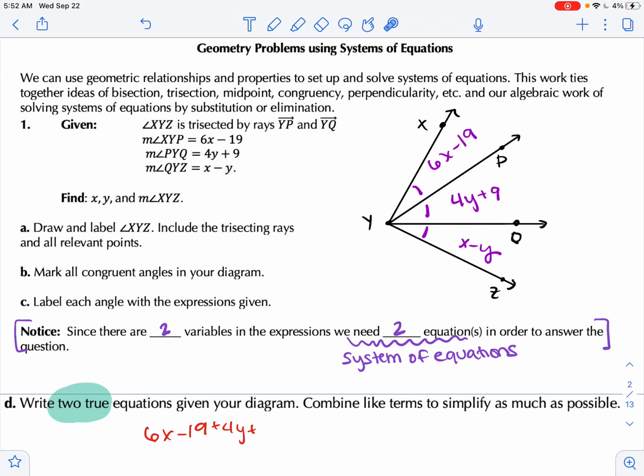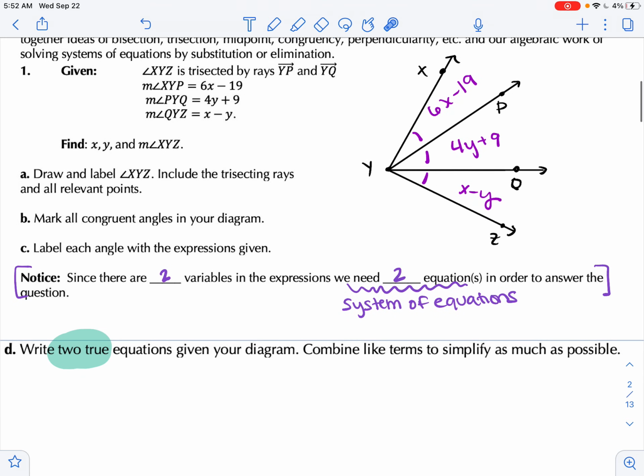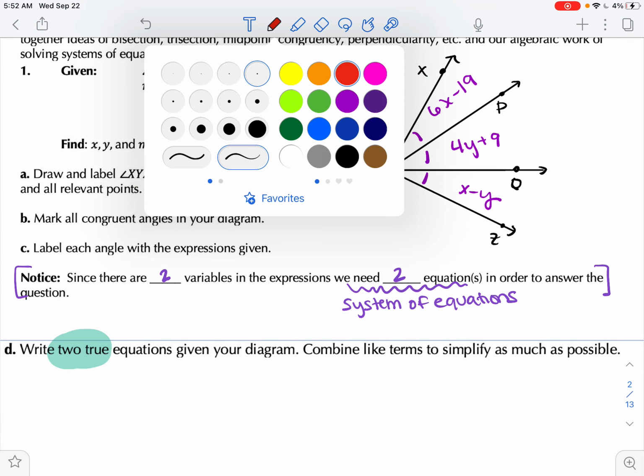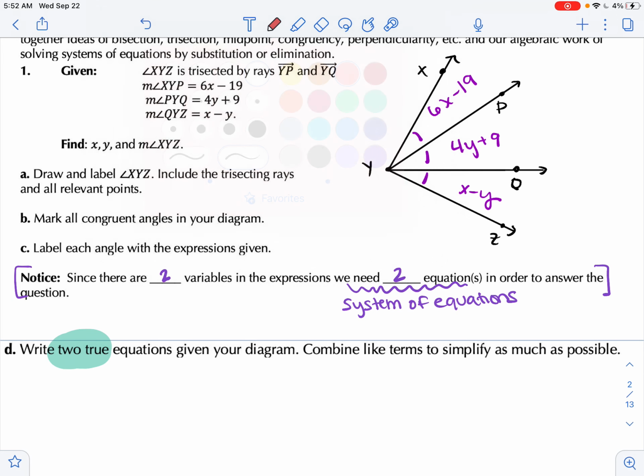Okay, so adding up every single smaller angle didn't help. I've got to think about what might help. We have some really powerful markings in our diagram. We know that XYP and PYQ are congruent, so I'm going to write that out.